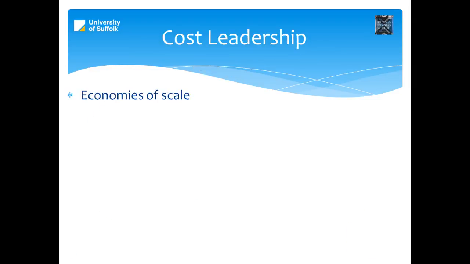So this is something we've considered before on cost leadership. Cost leadership is simply about being cheap. It's about being cheaper than others. It's not providing a flash service, it's not a high quality service, and it's not a great service at all particularly.